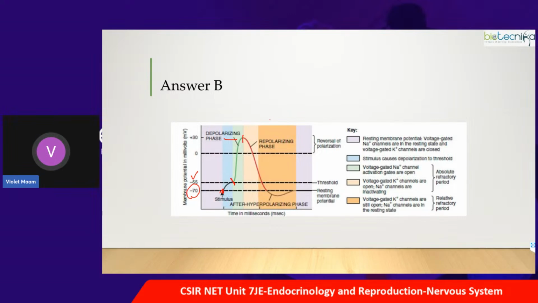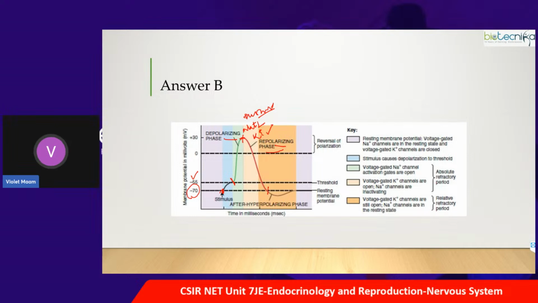It will try to reach the equilibrium potential of around plus 45 millivolt, but it will not go that far. At around plus 30, it will undergo the repolarizing phase. Sodium channels will close over here, and then potassium channels will open. That is why it will not continue reaching towards the equilibrium potential.